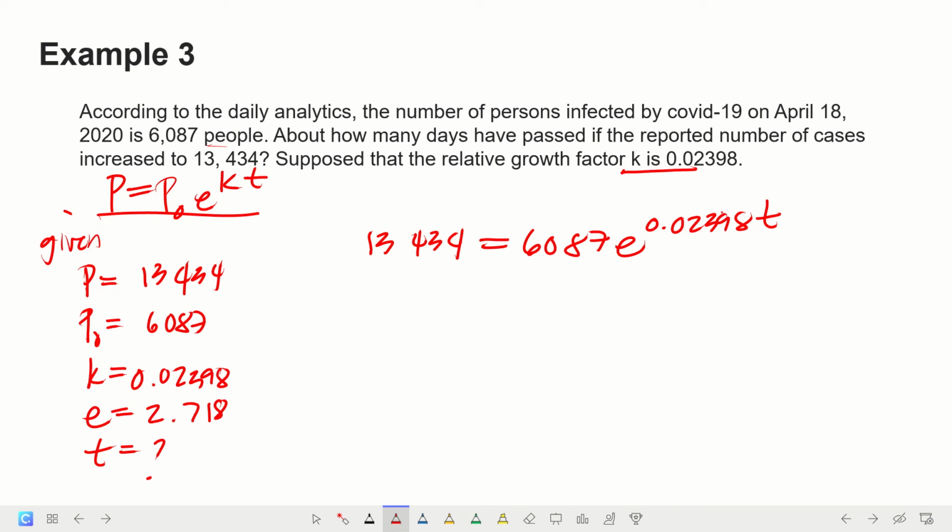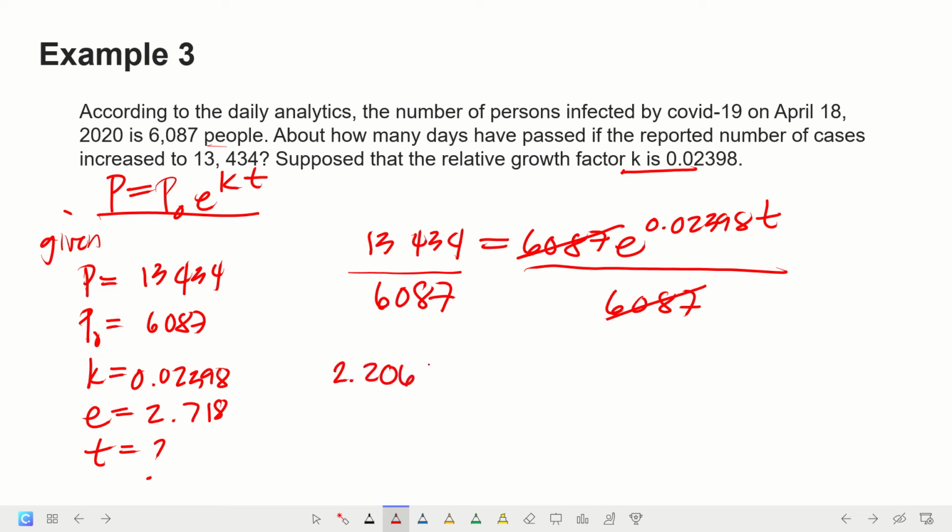We need to isolate our time, so we need to eliminate all the other terms here. Let us first divide both sides by 6,087, because that is the easiest to eliminate. Here we have 13,434 divided by 6,087, which is 2.206998521, is equal to e raised to 0.02398 times t.